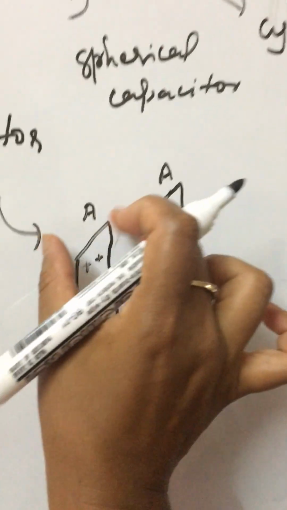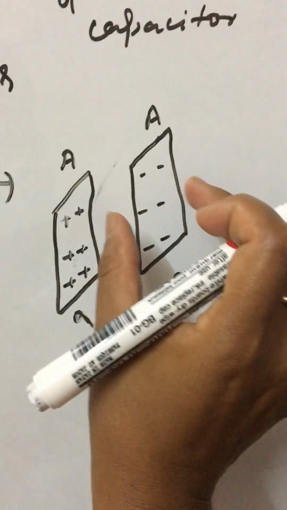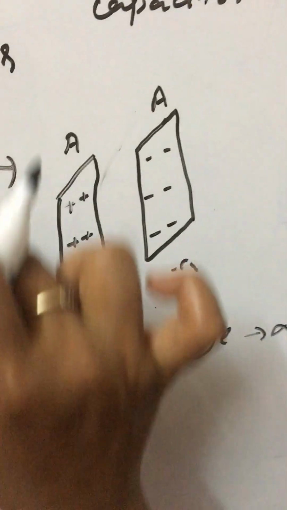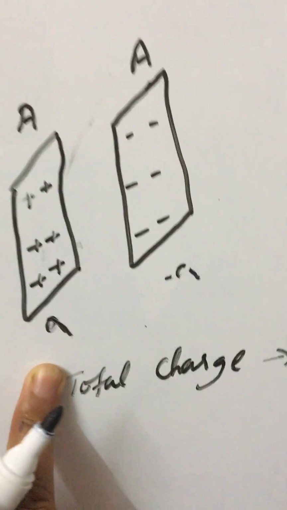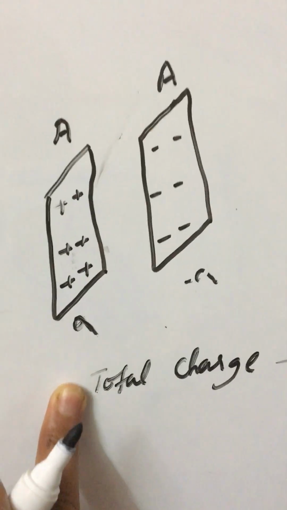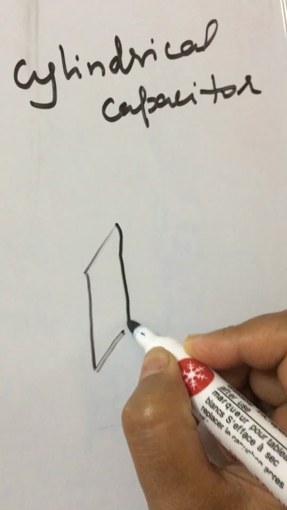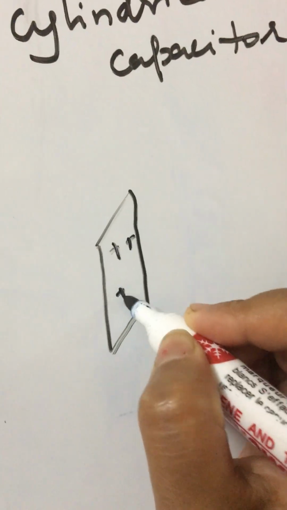This is the main plate, and near this plate there is another plate having the equal charge, and the total charge of the capacitor is sigma. I'm repeating it again, it is purely because of the induction. How exactly? Suppose here is a positive plate, let's say inside only there is positive charge.